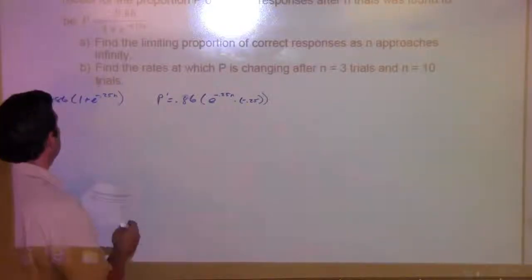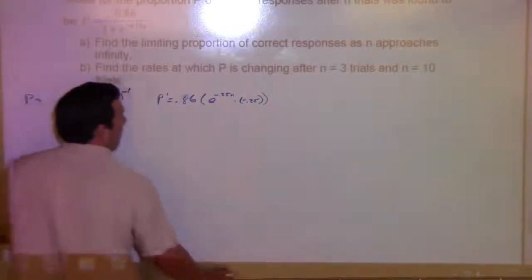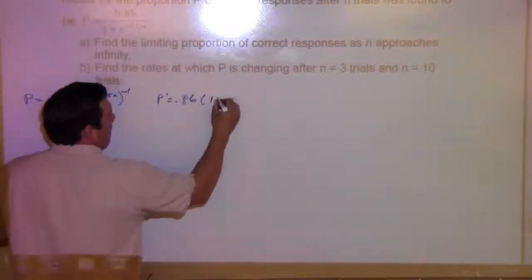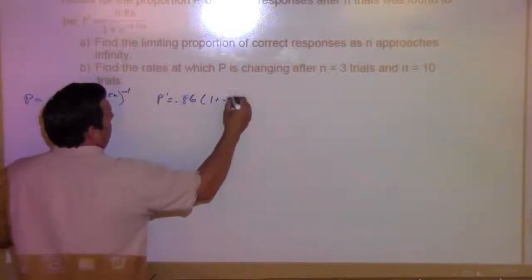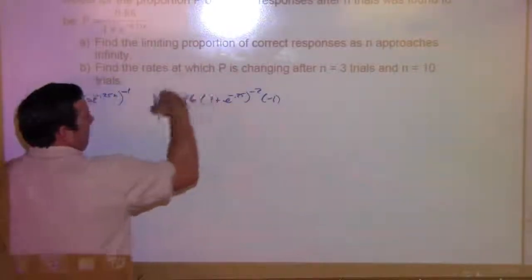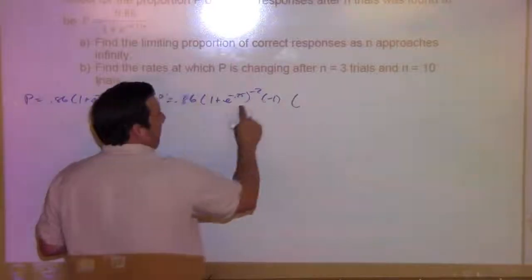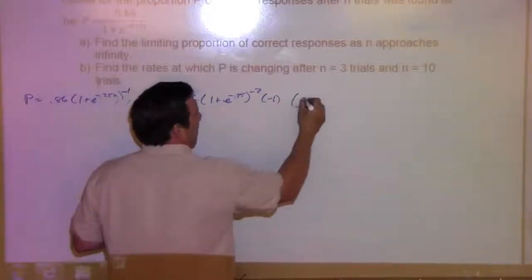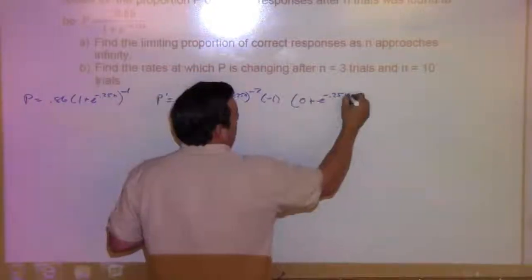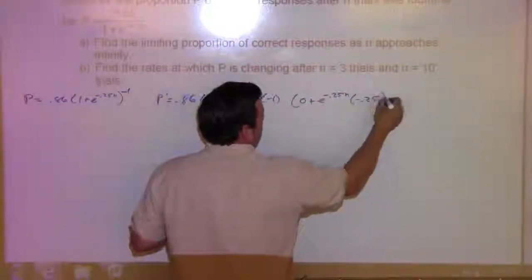Oh, I have this written wrong. This is to the negative 1 power. Okay. So this should be 1 plus e to the negative 0.25 n to the negative 2 power times negative 1, because that was the power, and then times the derivative of what's inside. That's 0 plus e to the negative 0.25 n times negative 0.25.